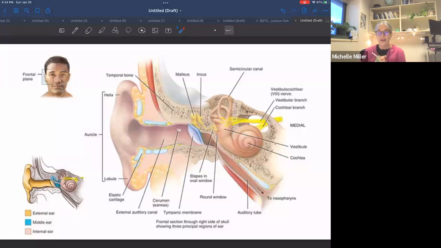And so that is what allows the sound waves to come in and the sound waves to exit. So we'll next talk about what the structure of the cochlea is, but then also the vestibular apparatus, which is also in our inner ear, which gives us equilibrium and balance.